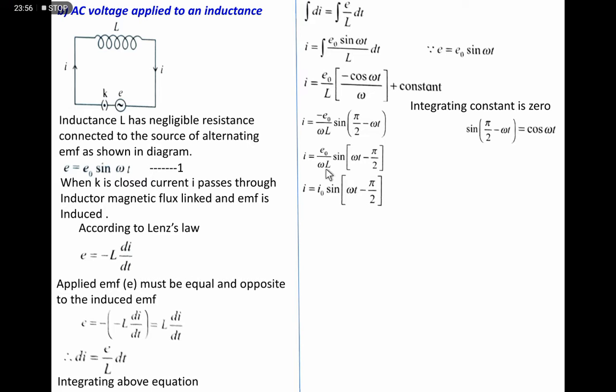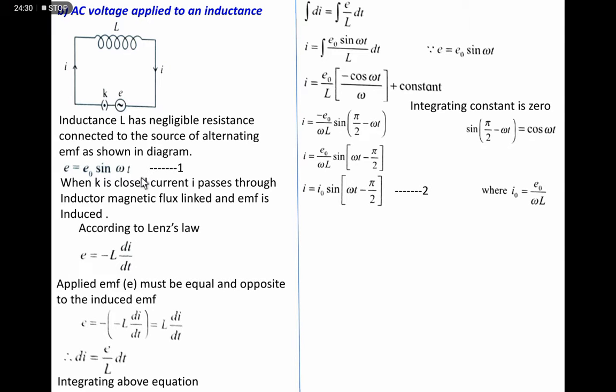Now E naught by omega L, instead of that we'll write I naught. I naught is the peak current or maximum current induced in the inductance, and that is equal to E naught divided by omega L. So this is the equation of the current, and the EMF applied across the inductance is E is equal to E naught sine of omega t.